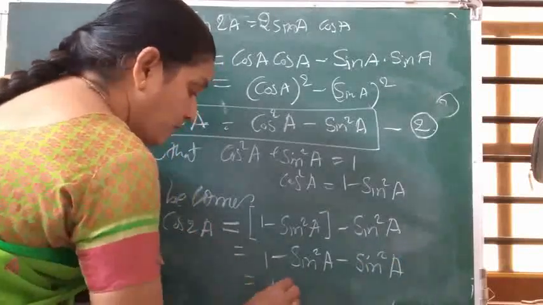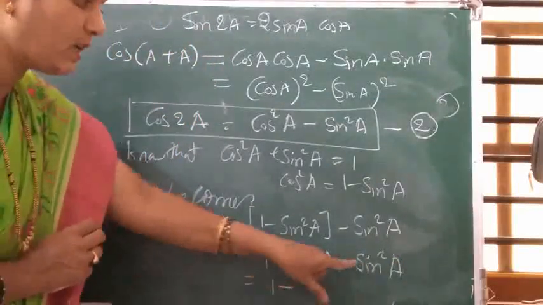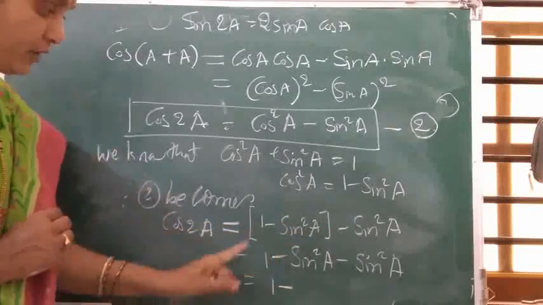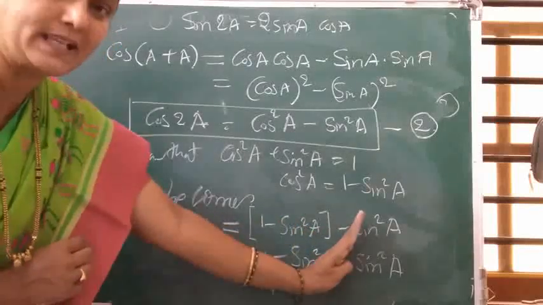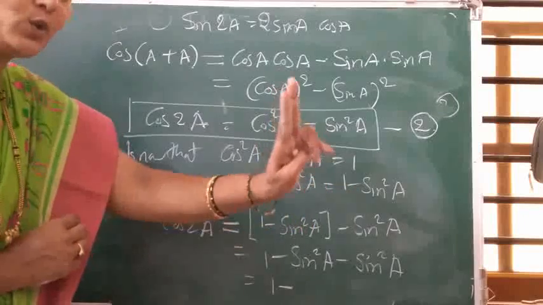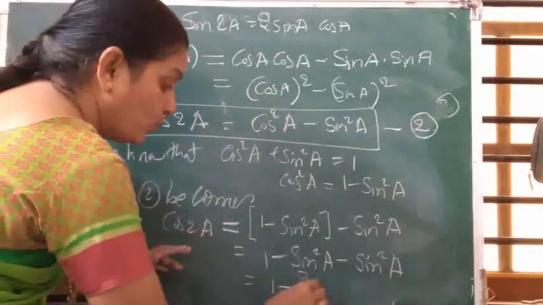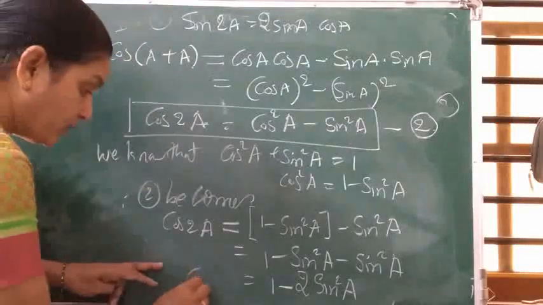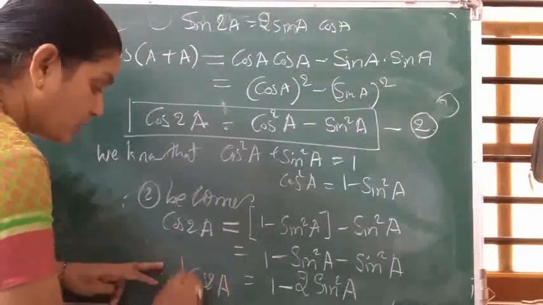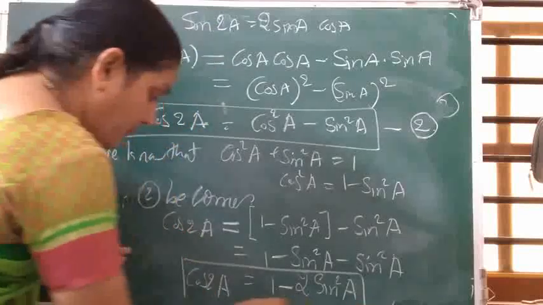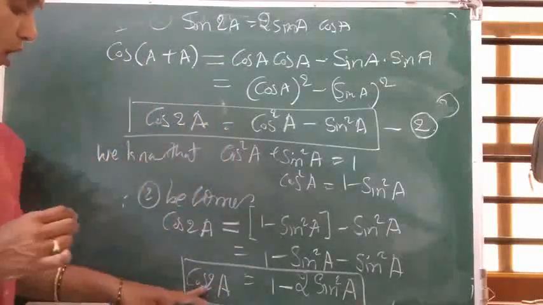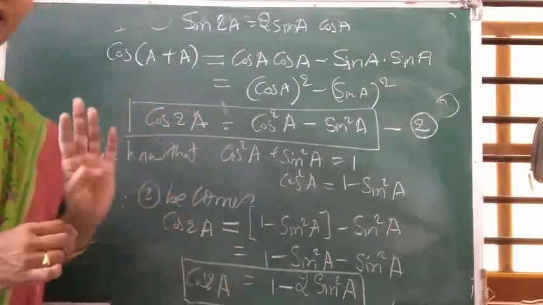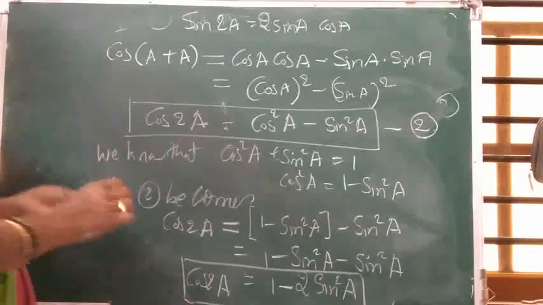If you take the minus sign common, we have sin square a plus sin square a. How many sin square a are there? 2 sin square a's are there. So 1 minus 2 sin square a. In the left hand side we have cos 2a only. So this is another formula of expressing cos 2a in terms of only sin a. I hope you understand.